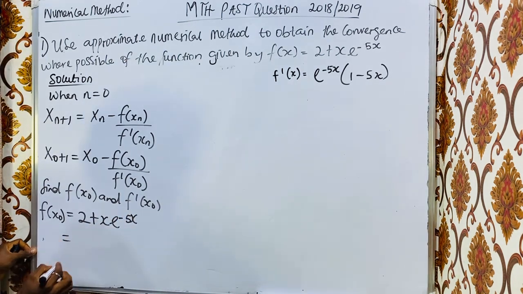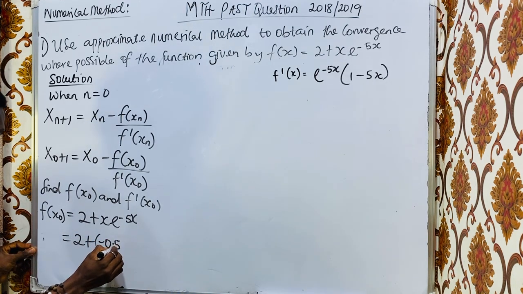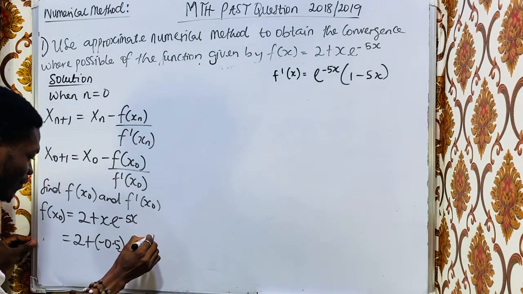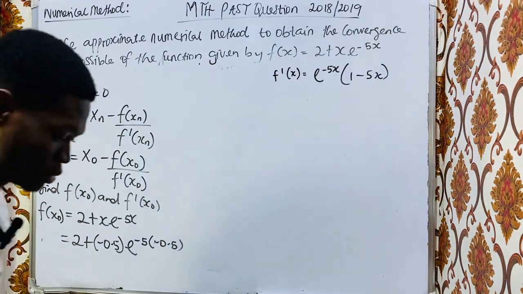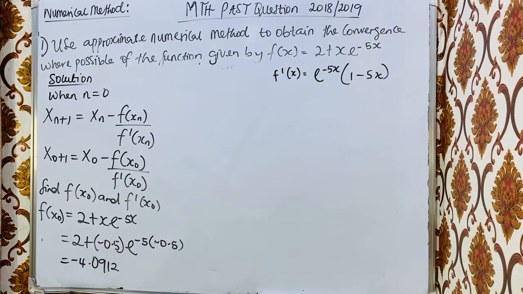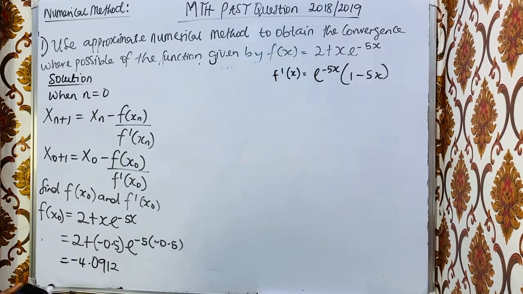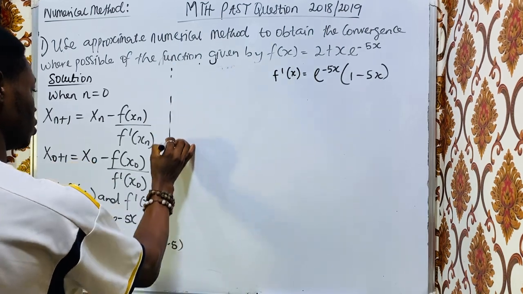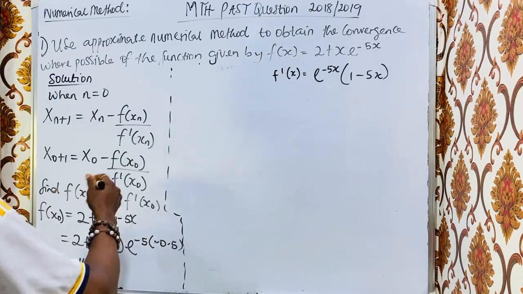So we are now going to have 2 plus, our x is negative 0.5, then exponential negative 5 times negative 0.5. So let's punch it in our calculator and see what we are going to get. So we got minus 4.0912. So now we have gotten our f of x naught.